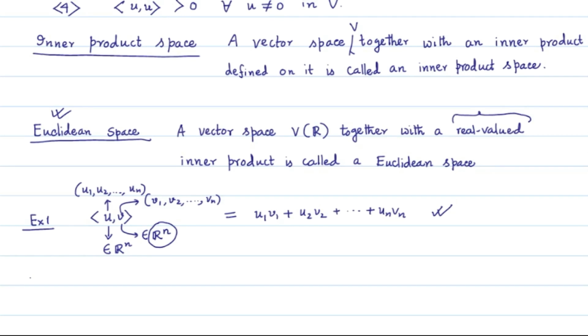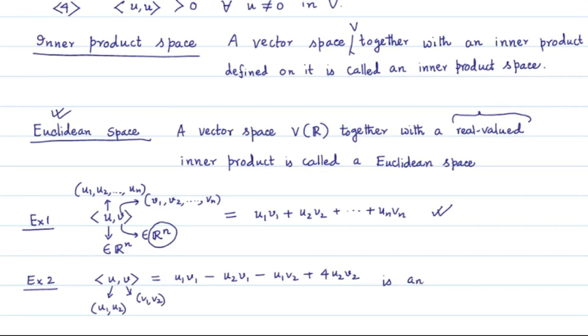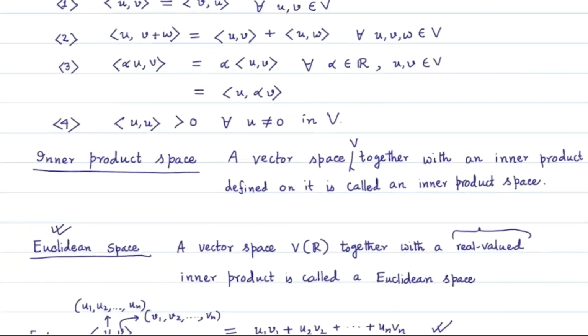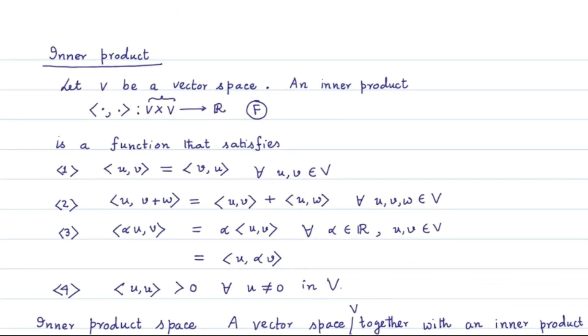Let me give you an example in the form of a home task, so that this expression, where u and v are two tuples in the R2 space, is an inner product, abbreviated IP, in R2. So you verify all the four conditions of becoming an inner product.